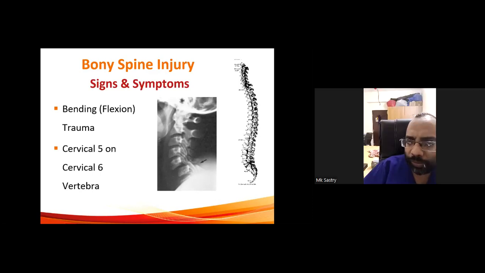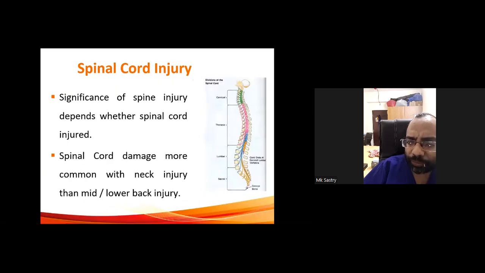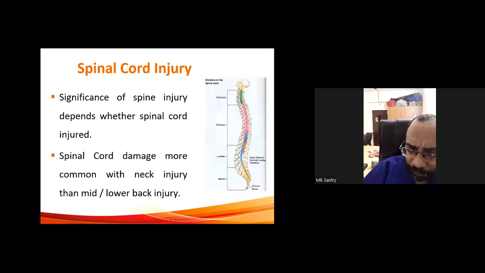Next. Now the significance depends upon how much the spinal cord is injured.